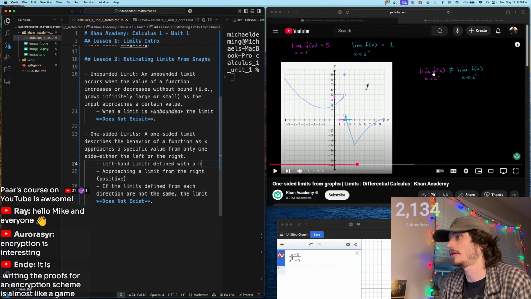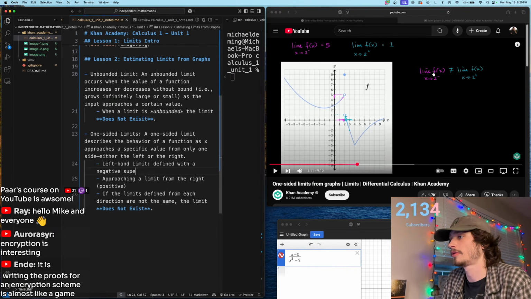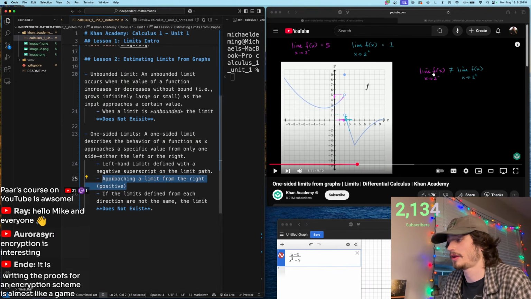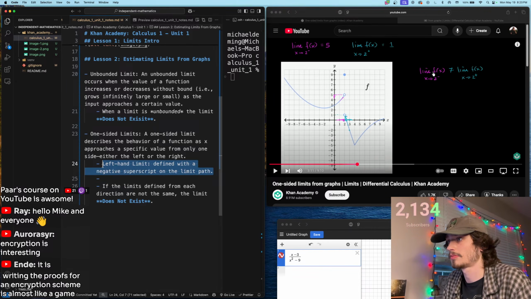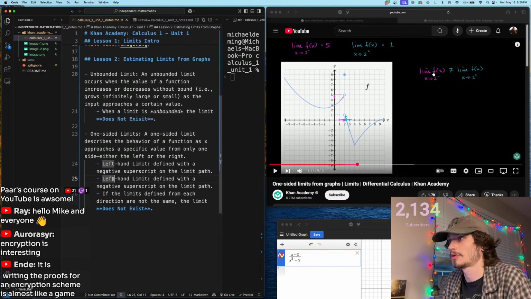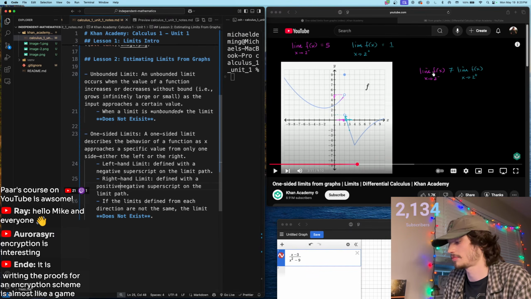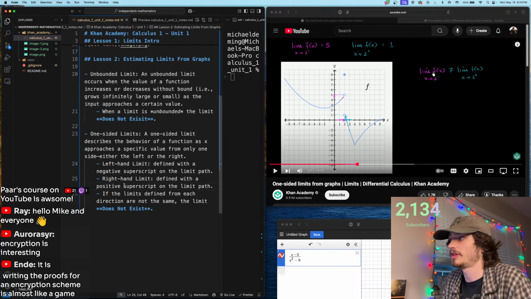Defined with a negative superscript on the limit path, and then the right-hand limit defined with a positive superscript on the limit path.